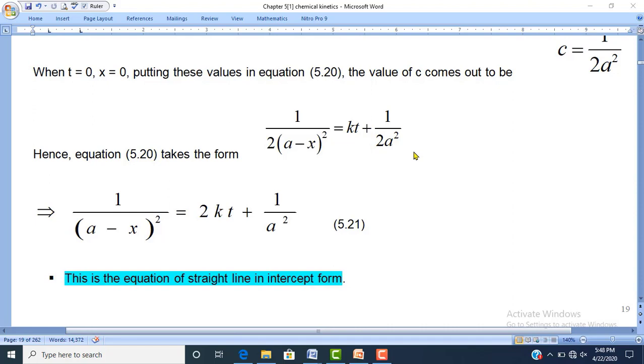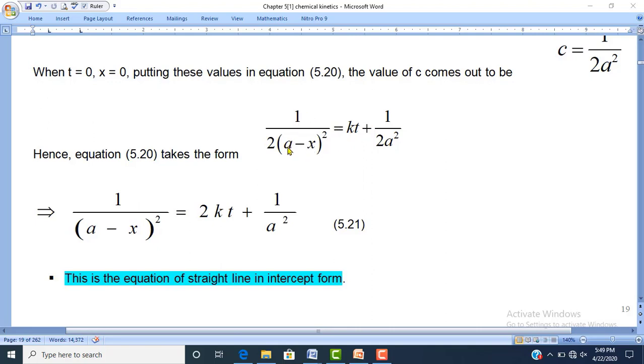Now what we will do is multiply both sides of this equation with 2. When we multiply this equation with 2, this 2 and this 2 will cancel out, and here kt will be multiplied with 2.